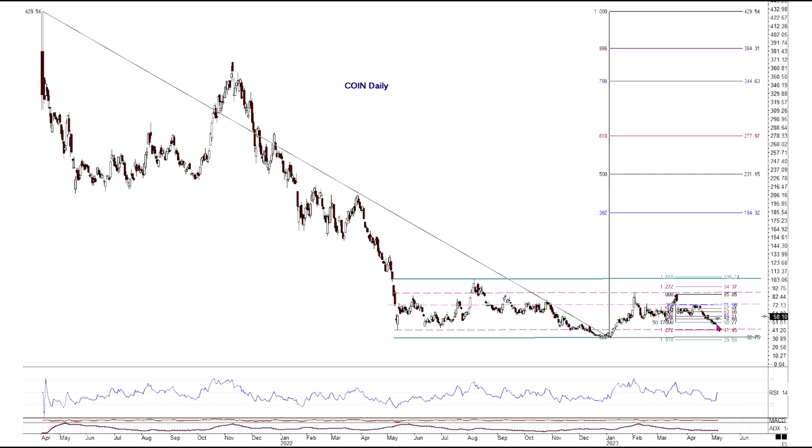So again, you can see clearly where this needs to break out in order to start moving up and retracing some of the big swing to the downside. So far from this high to low, even this high to low, look how far up the 382 retracement is. So this has still been showing weakness by just staying down here in this range.